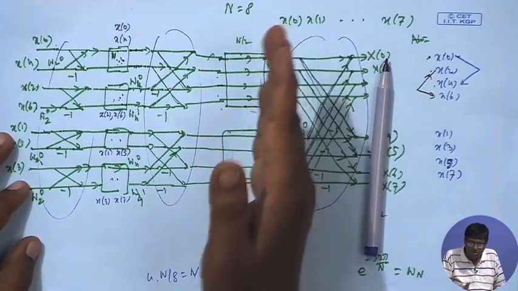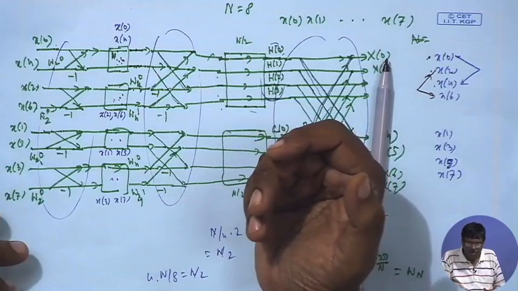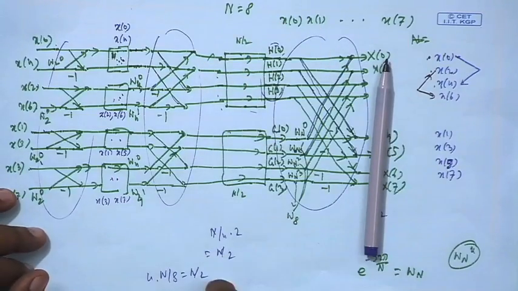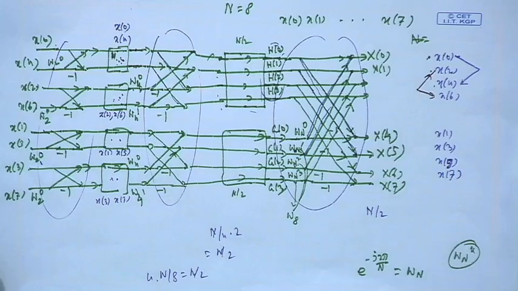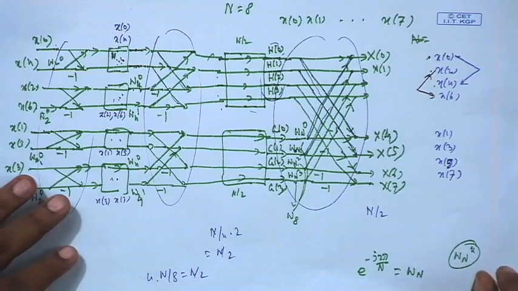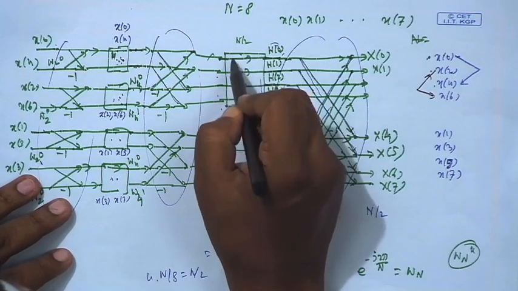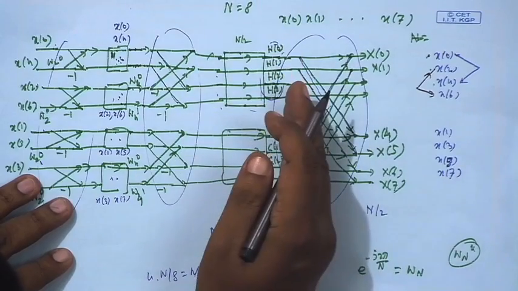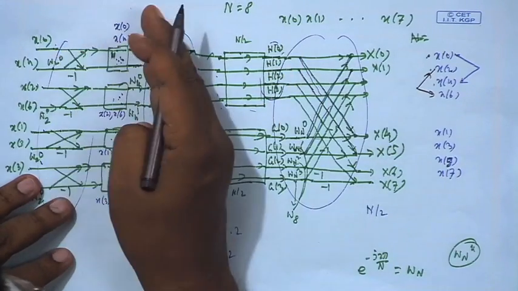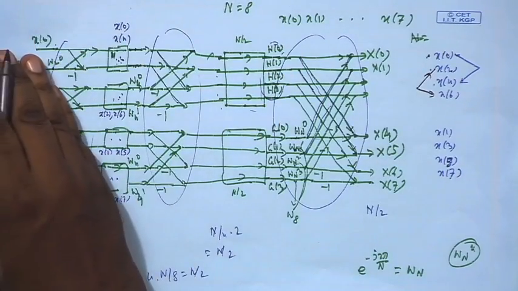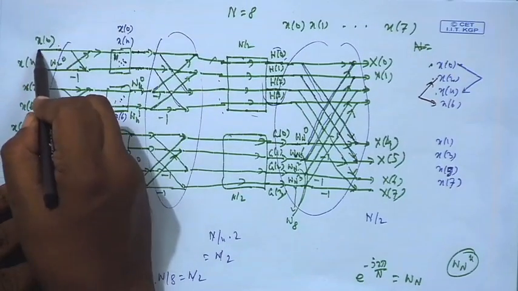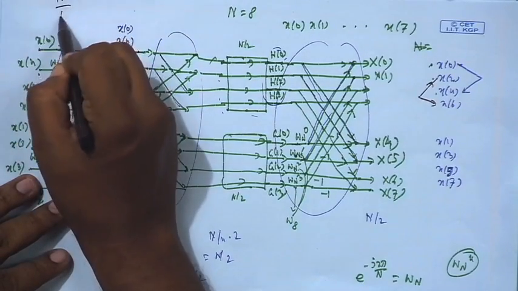So, if you have got say L number of stages, L into n by 2 will be total multiplications. Now, how many stages you have? N, then next time n by 2, next time n by 4, next time n by 8, finally it will be 1 point.